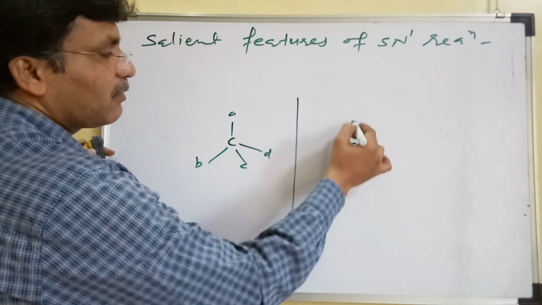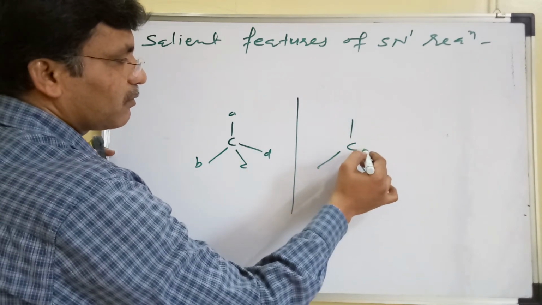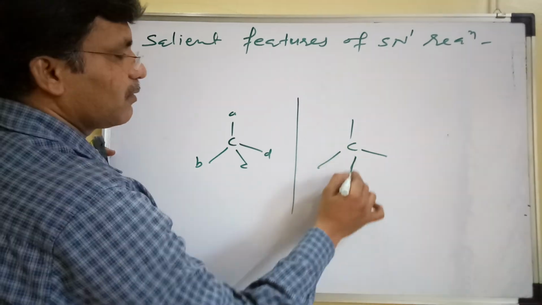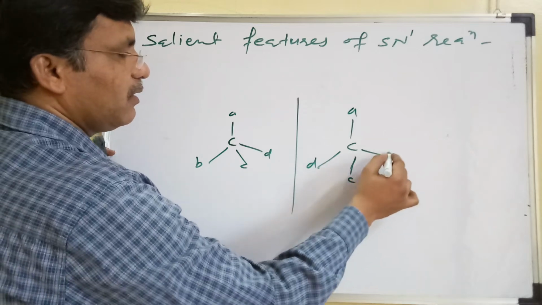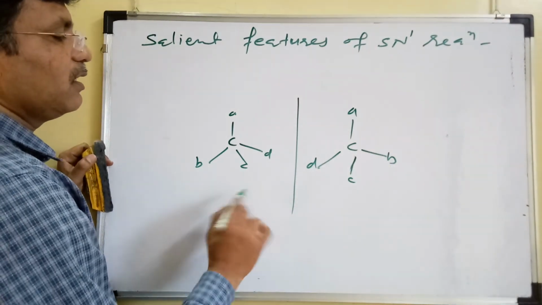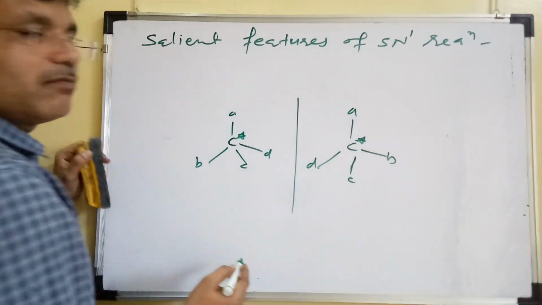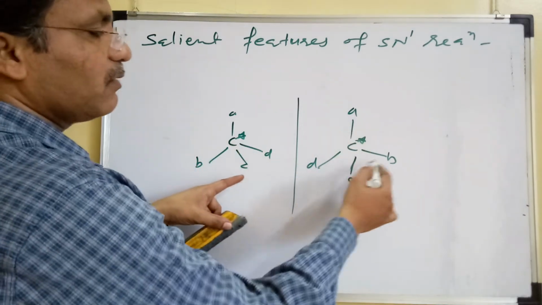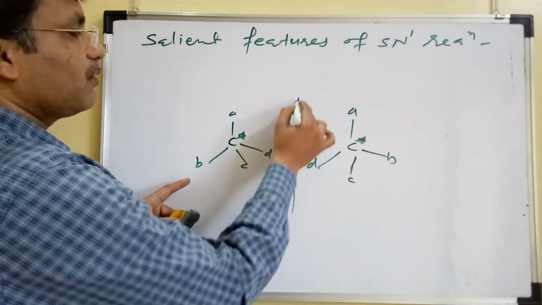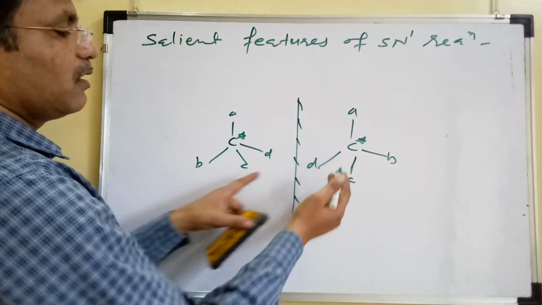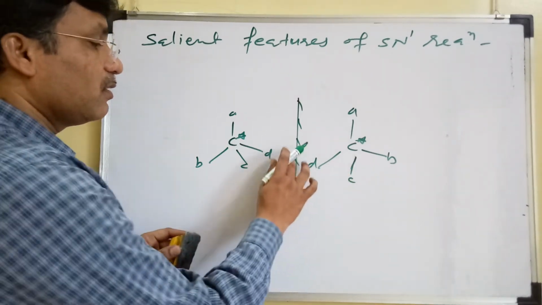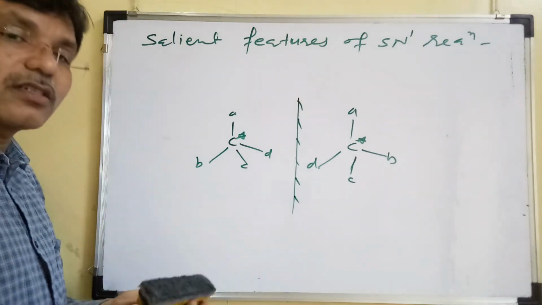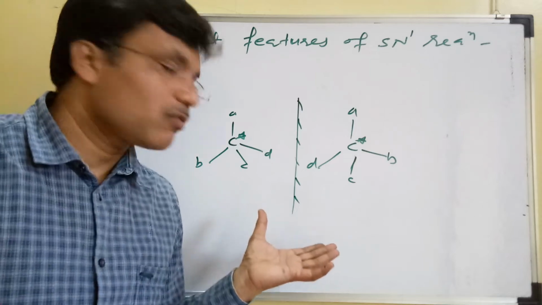Then the mirror image of this is A, D, C, B. So these two are molecules in which the central carbon is chiral, attached to different atoms or groups of atoms, and they are mirror images of each other, so these two cannot be placed one over the other exactly.